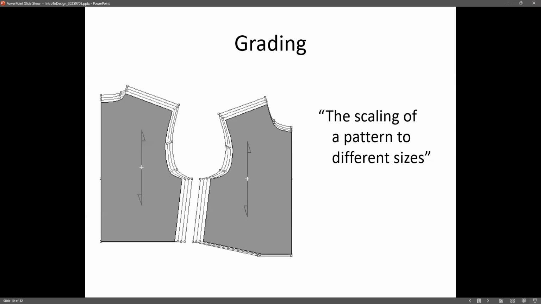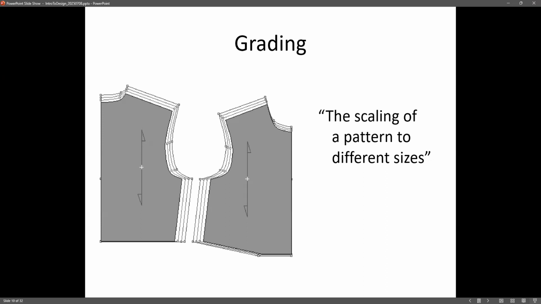Now, to talk a bit about, and this is some inside baseball stuff, maybe give you some insight into the process. So this is where we get to talk all about grading. So what's grading about? Grading is a scaling of a pattern to different sizes.